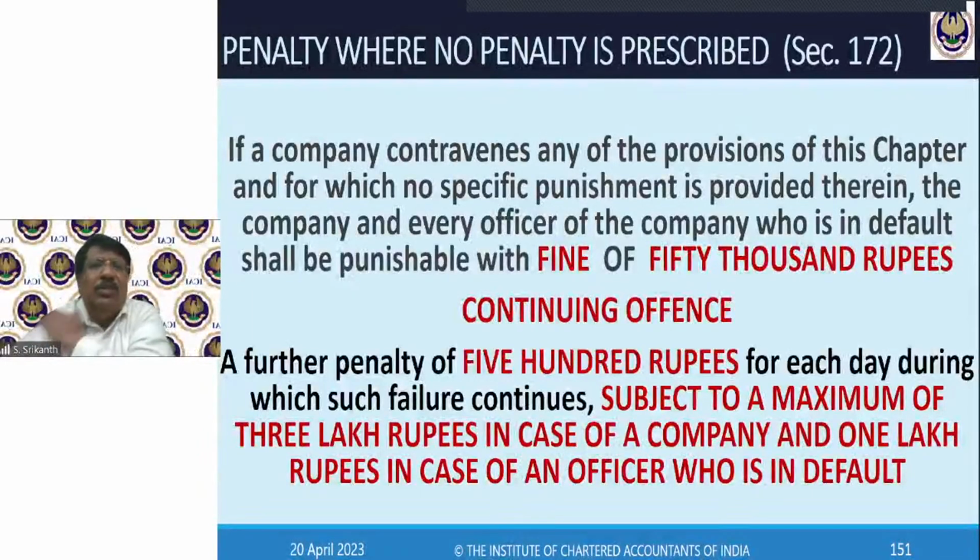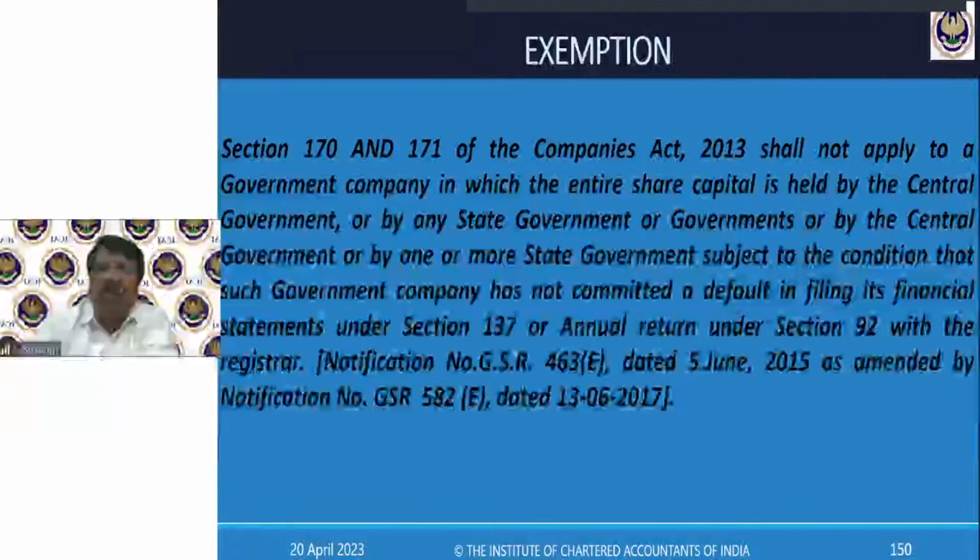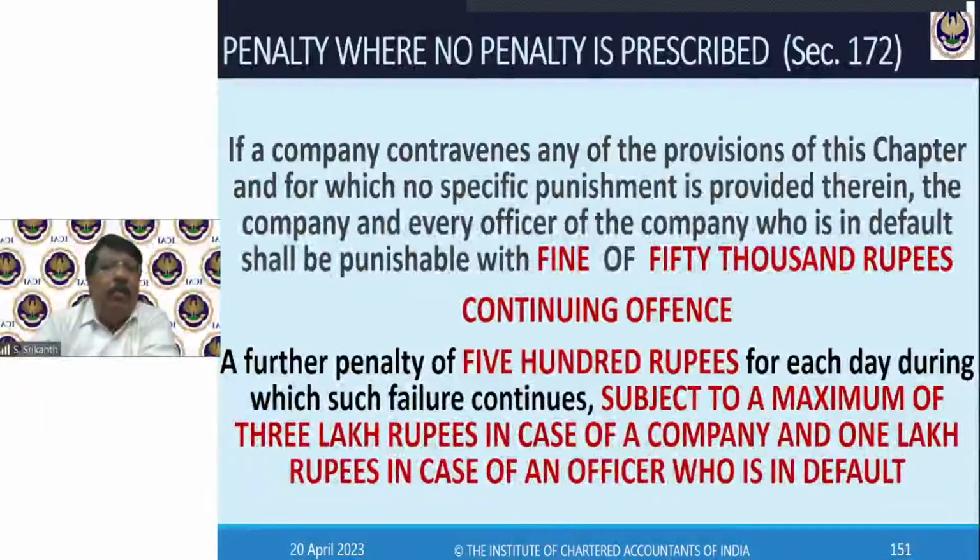We come to Section 172. Penalty where no penalty is prescribed. Means in this chapter, see, this chapter has many rules and regulations. For all of them, they may not provide for a penalty. So if there is any contravention of any of the provisions for which no specific punishment is provided, then 172 will apply.